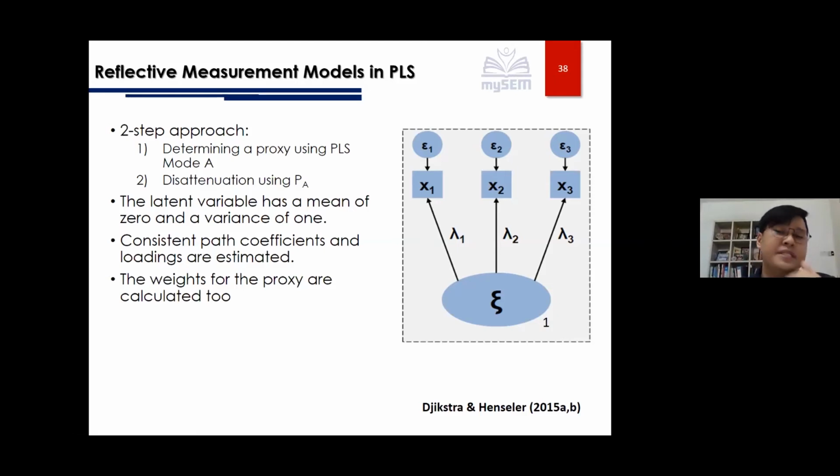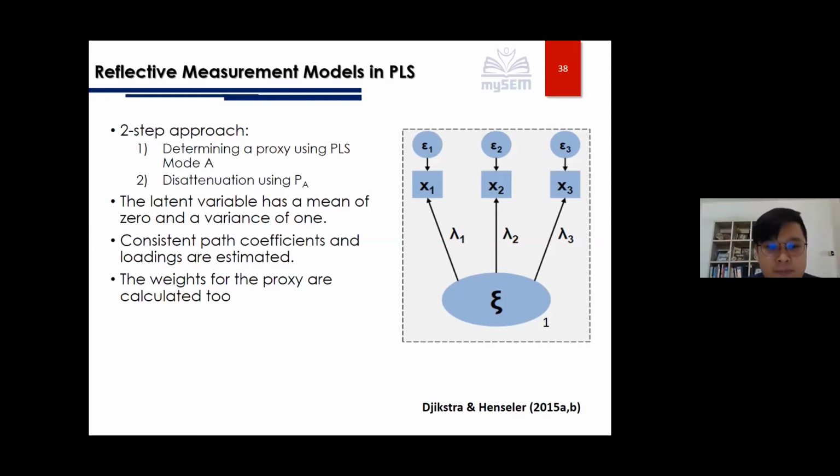But let us move one step further. If you plan to go into confirmatory, rather than just traditional PLS where you want to do prediction, and you want to do a pure CFA, then you need to do this attenuation using rho A. Rho A is a reliability criterion used in PLS-Consistent, and this attenuation using rho A is related to PLS-Consistent.